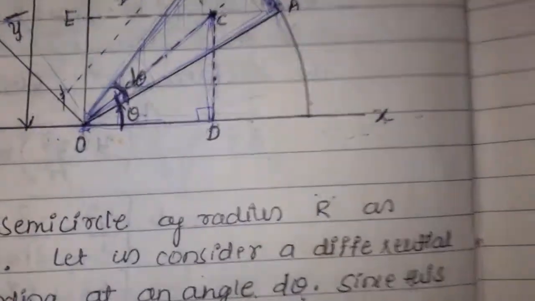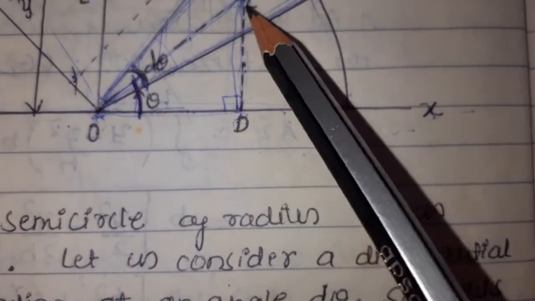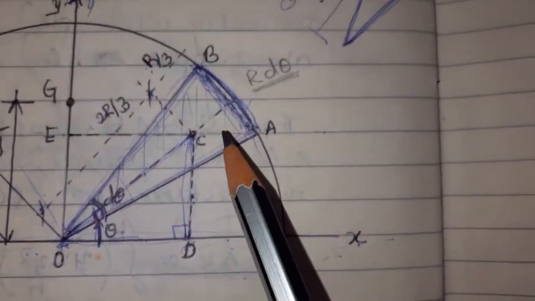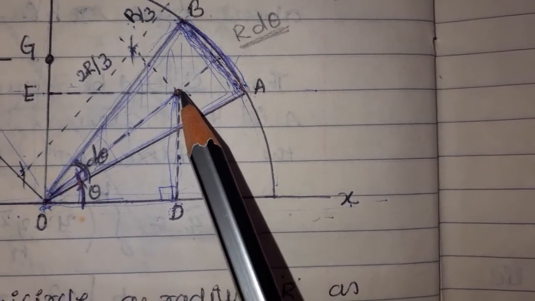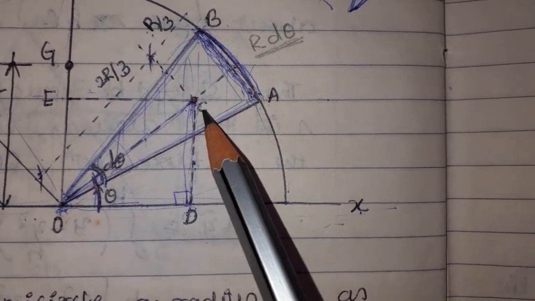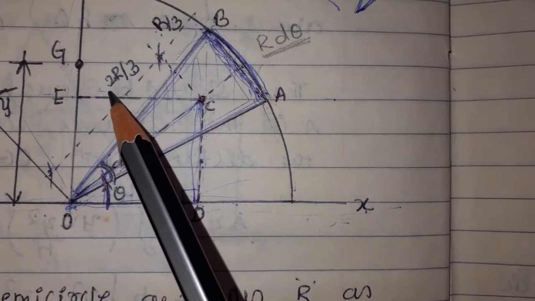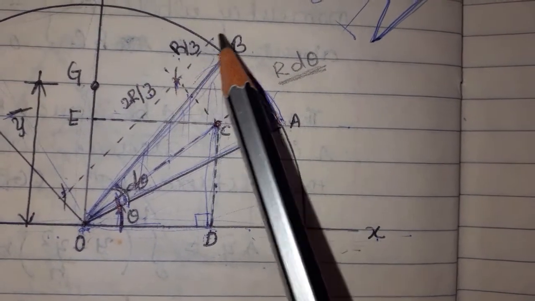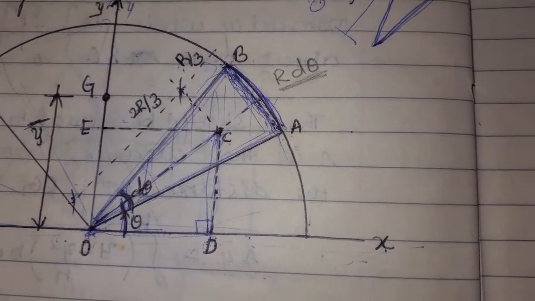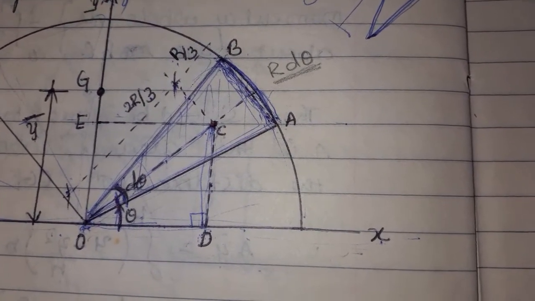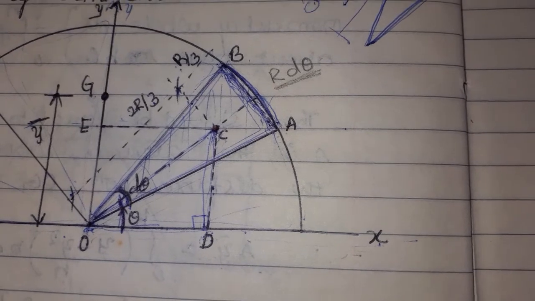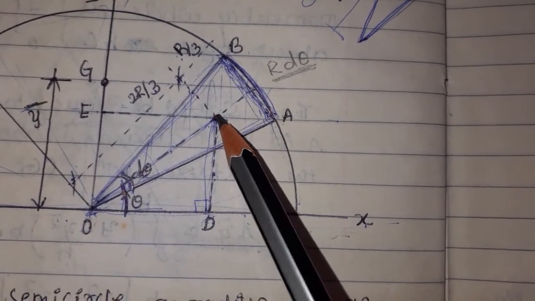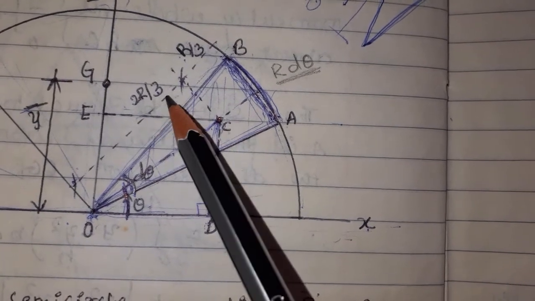Then in this figure, let C be the centroid of this elementary section, which is located at a distance 2r by 3 from point O and r by 3 from point B. Then the distance OC is equal to 2/3 of r.